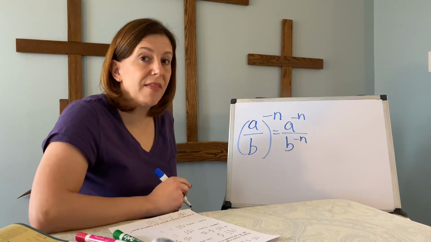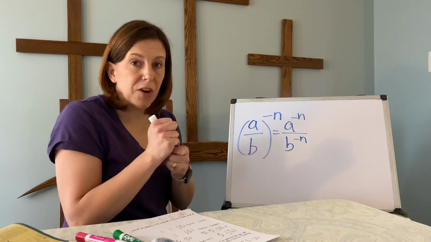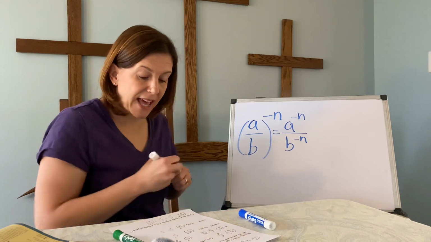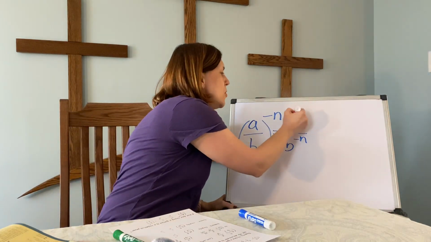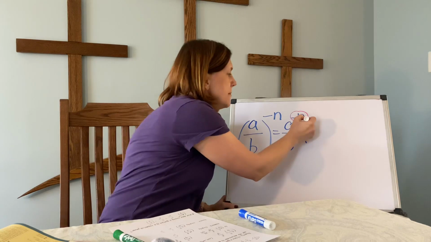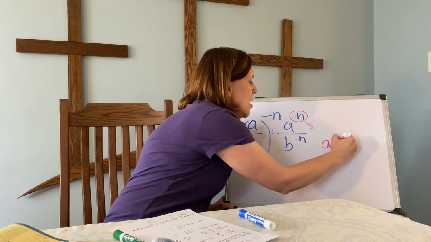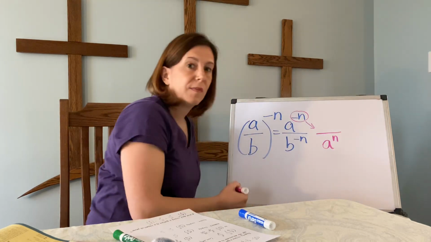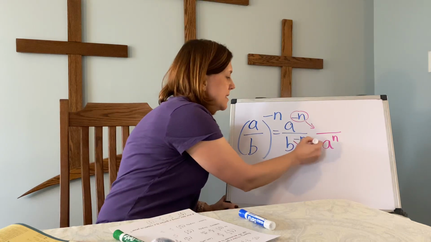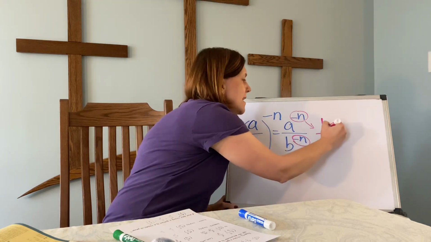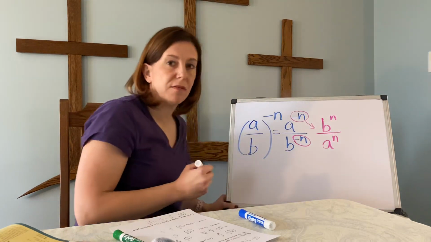Well, I need to apply that rule separately here, both times. If I have a negative exponent in my numerator, that means I move that to the denominator. Same thing though, if I have it in the denominator, I move that to the numerator and make it positive.